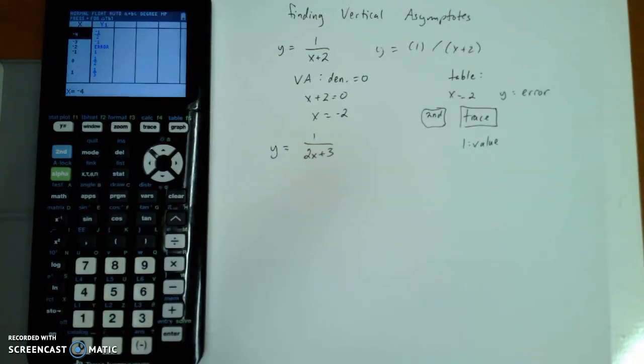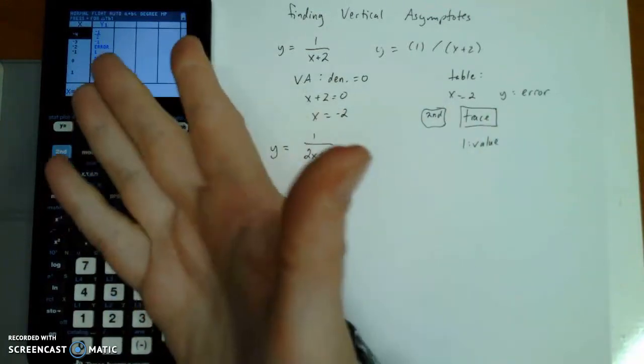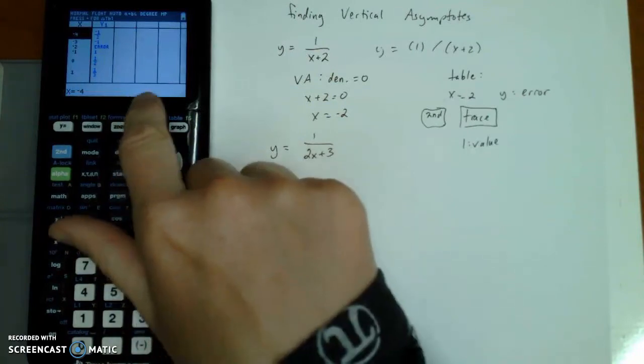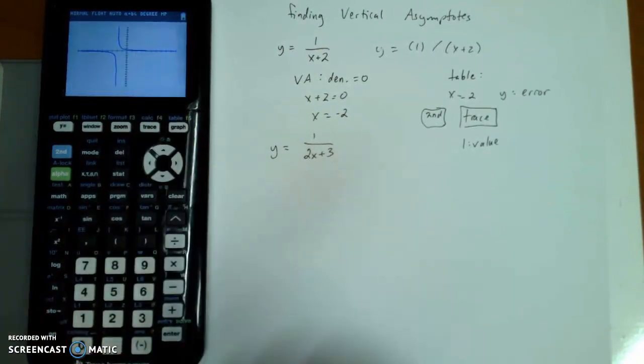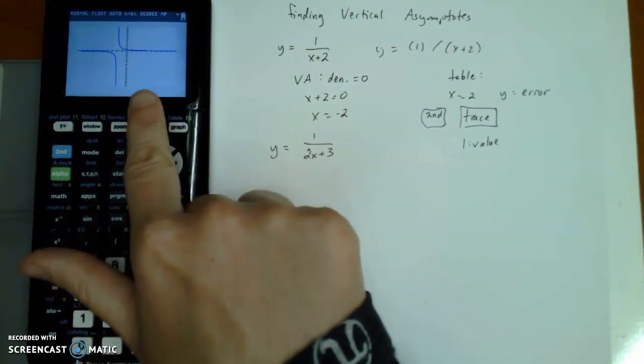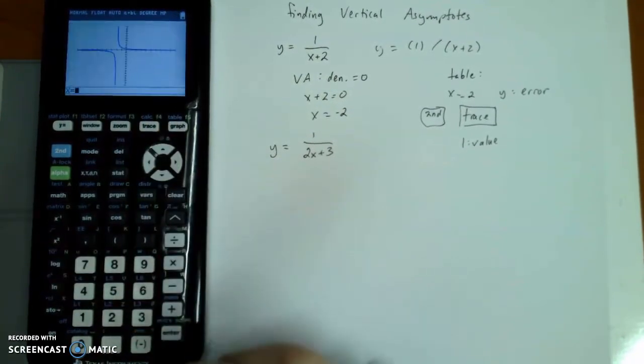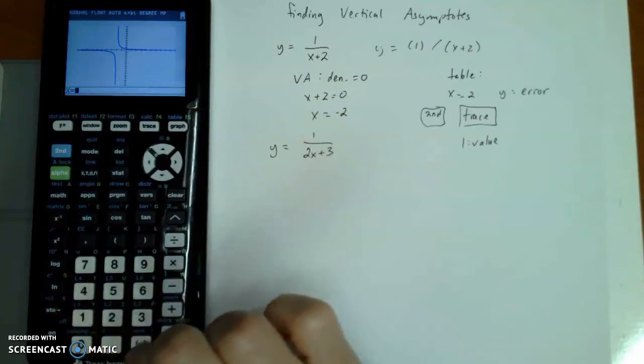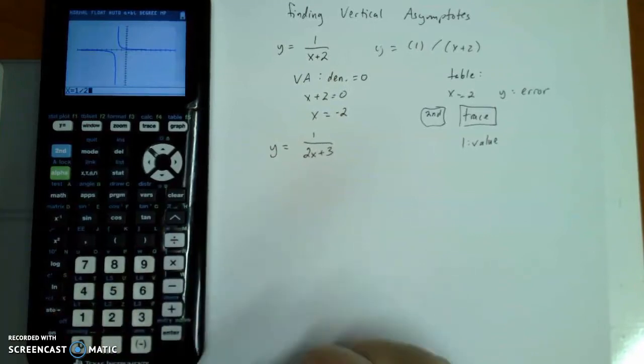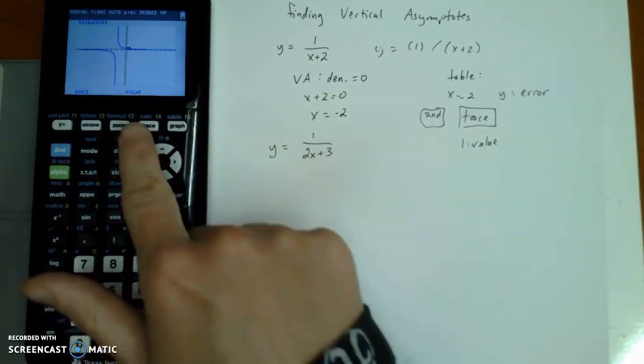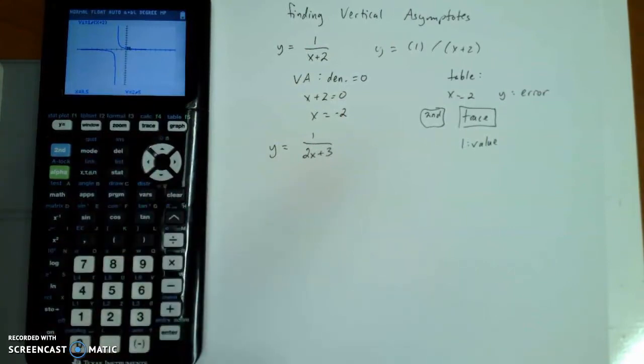So what happens if I want the number for something that I don't see in my table? So let's say for this one, I'm going to go to second calc again and hit value. So if, for example, I want to know the y value when x is 1/2, I can just type in 1/2 and hit enter. And this is a nice way to get a y value for x values that don't show up on that table.